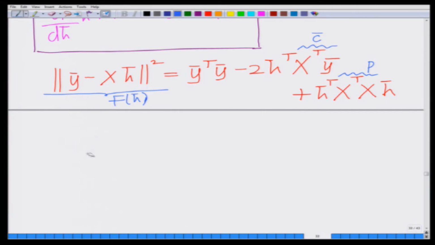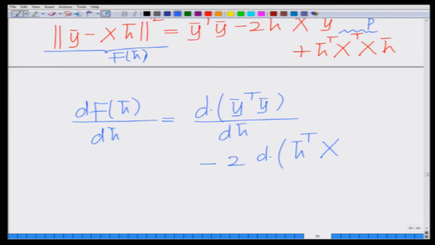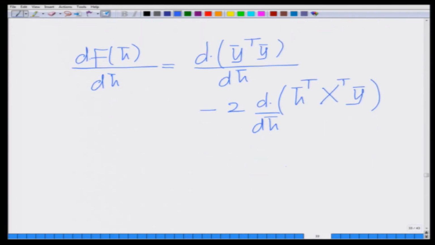So, df of H bar, where f is your least squares cost function, df of H bar with respect to dH bar is equal to, well, I have d of y bar transpose y bar with respect to H bar, minus twice d of H bar transpose x transpose y bar with respect to dH bar, plus the derivative of H bar transpose x transpose x H bar with respect to H bar.